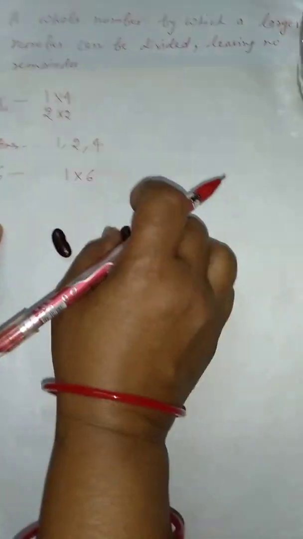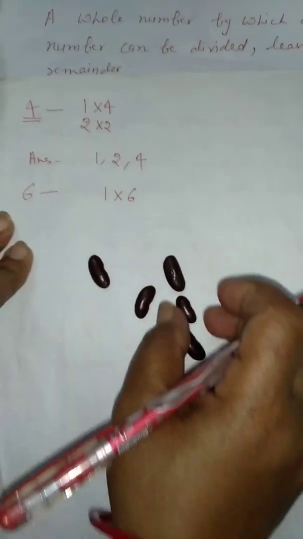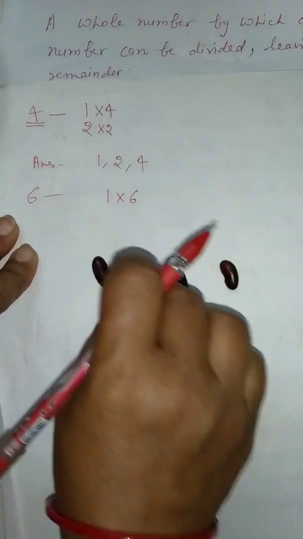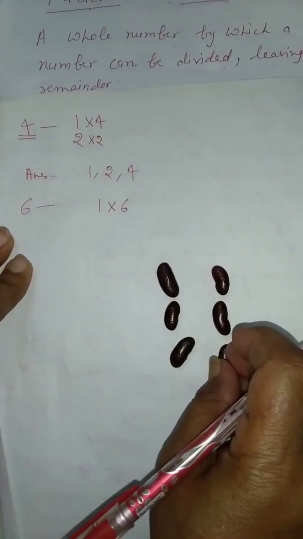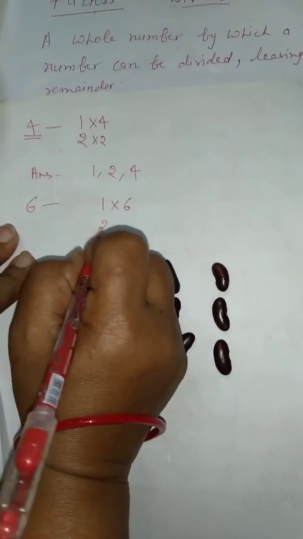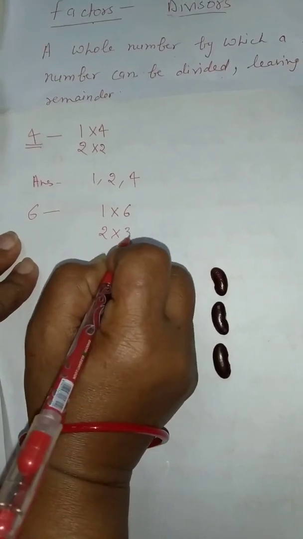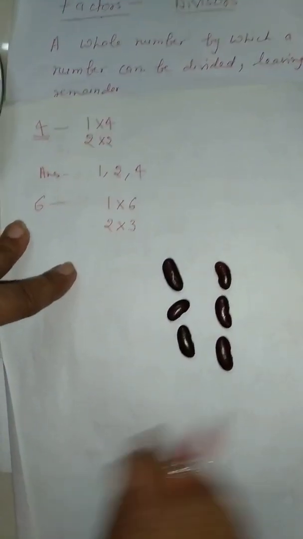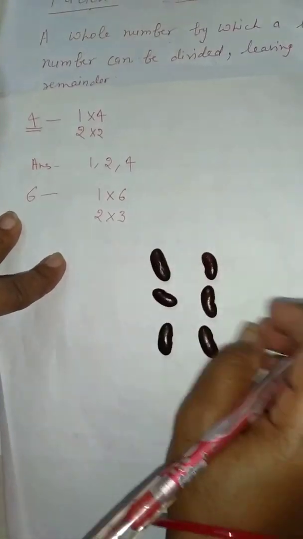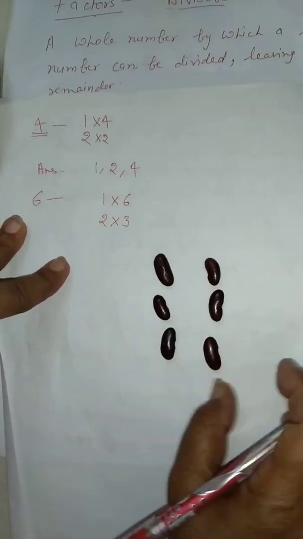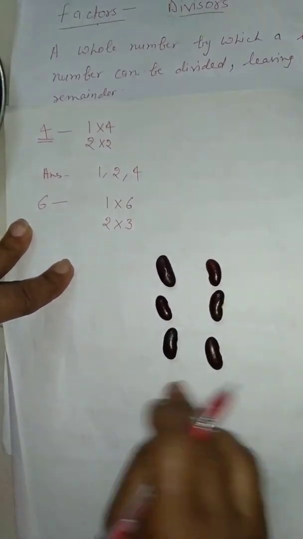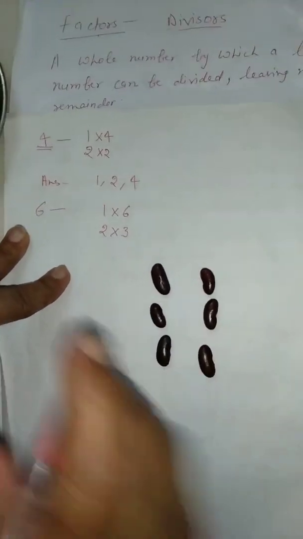Okay. Now the second method, 1, 2, 3, 4, 5, 6. Okay, 2 into 3. Okay, you are saying that I have made 2 lines and in each line the number of students are 3.